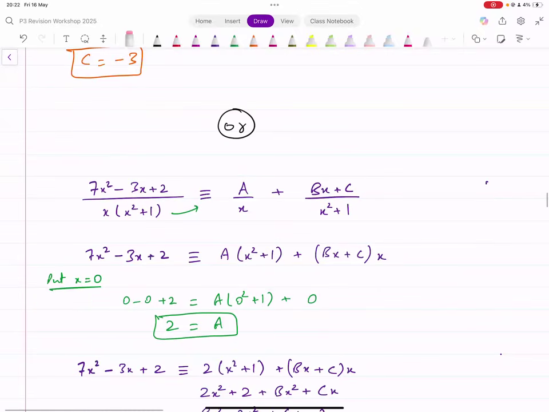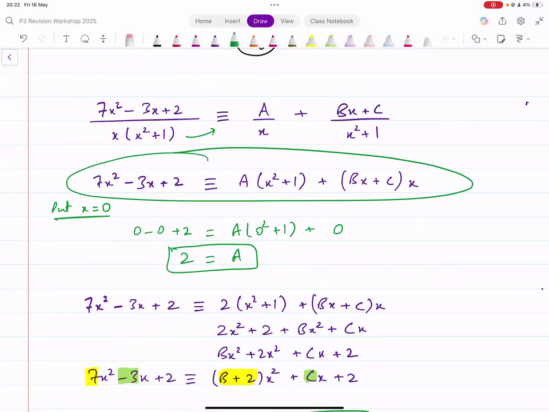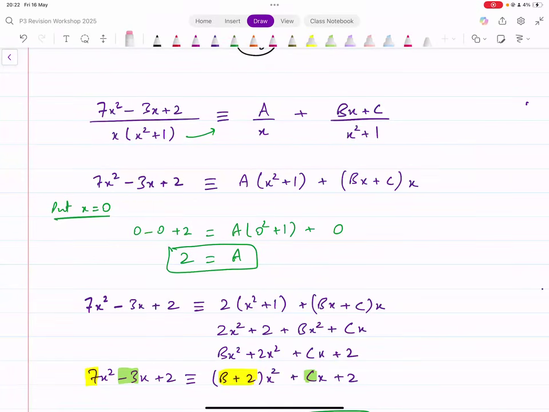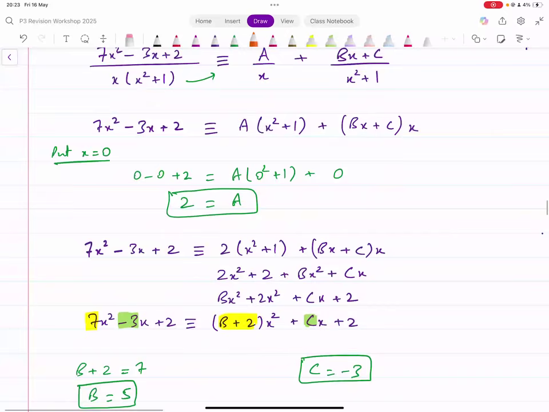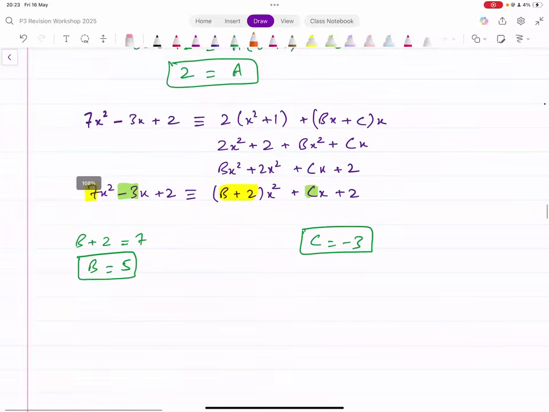You could say, okay, this is the expression that we've got. Let's simplify both sides. The left-hand side is already simplified. The right-hand side, we could simplify this, and then see what is the coefficient of x squared, what is the coefficient of x, what's the constant, and then you do comparison. In this case, this would be more efficient.